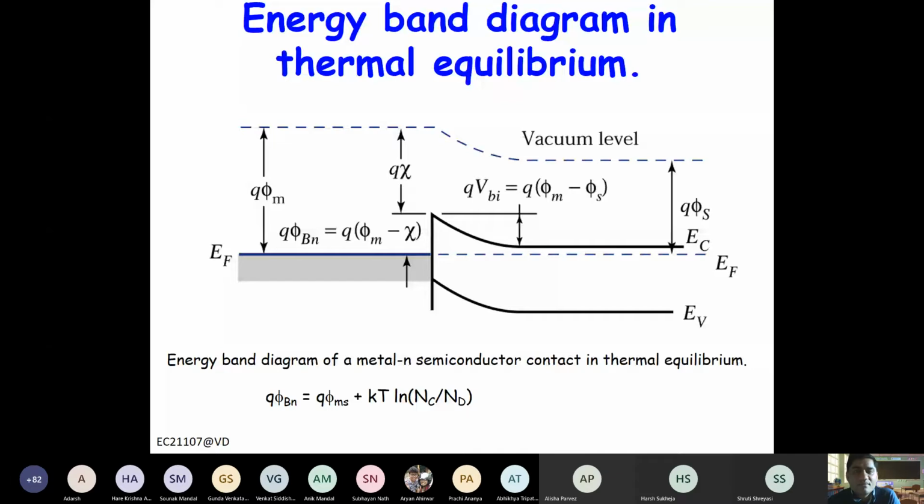So where the barrier will appear in case of a metal P-type semiconductor junction.